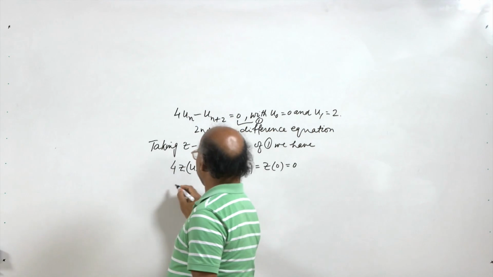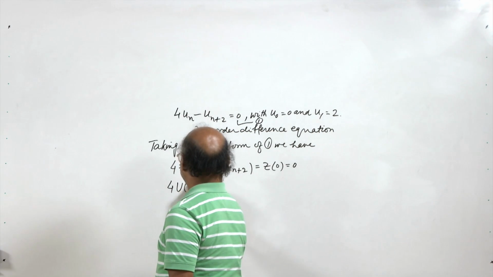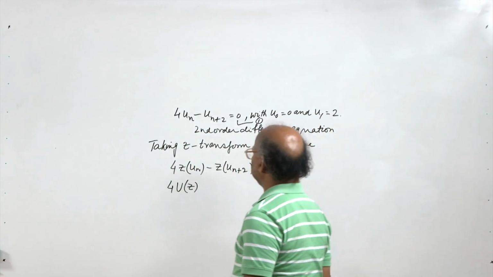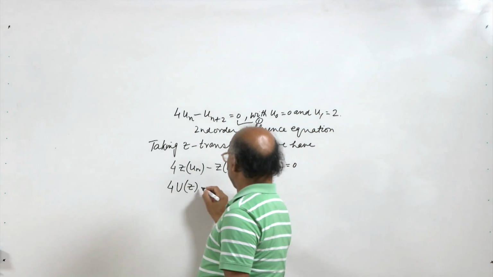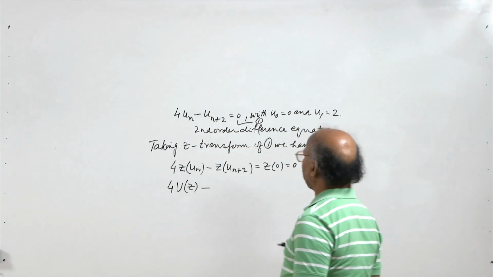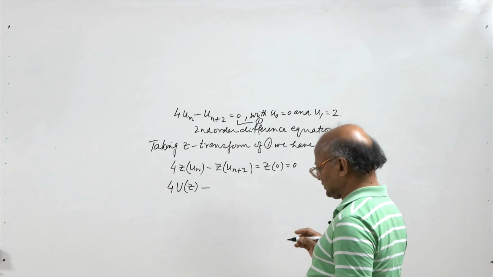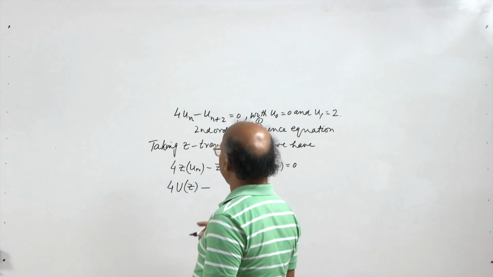Now 4 Z of un is 4 times Uz, where Uz is the Z transform of the sequence un. While writing Z transform of un plus 2, let us recall the shifting of un to the left.